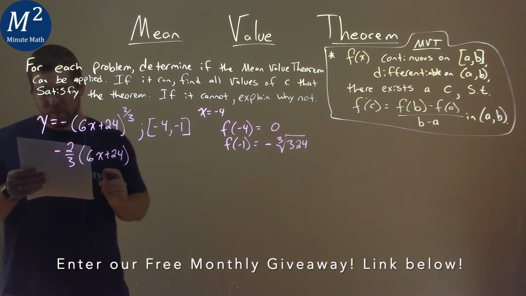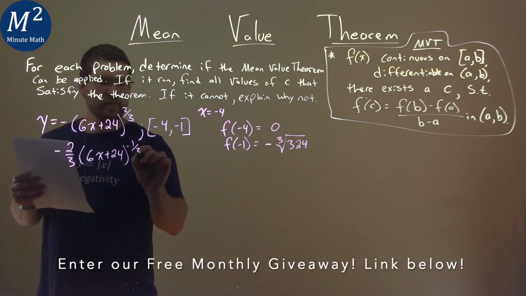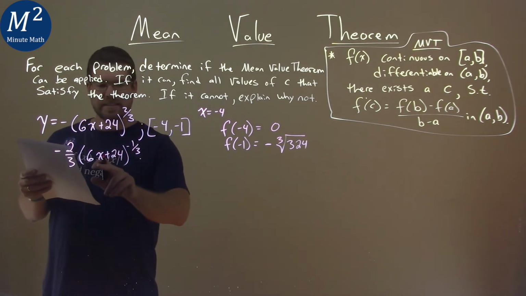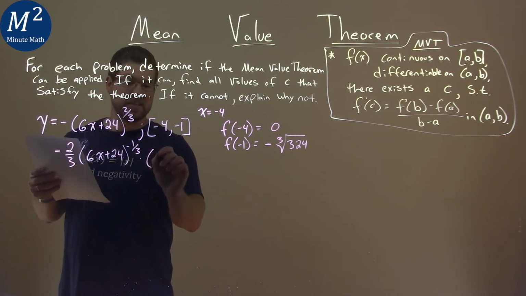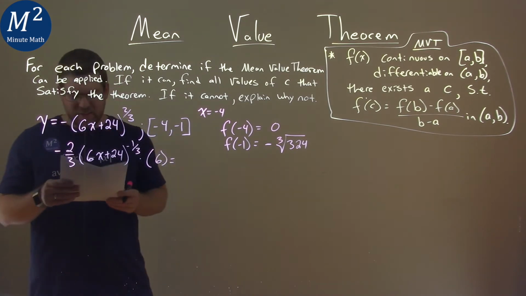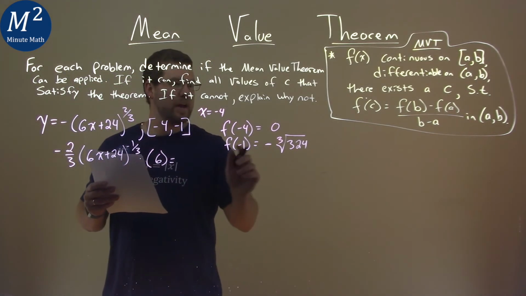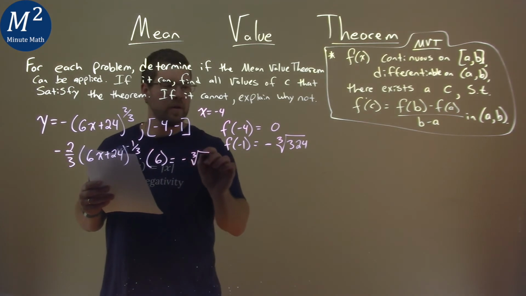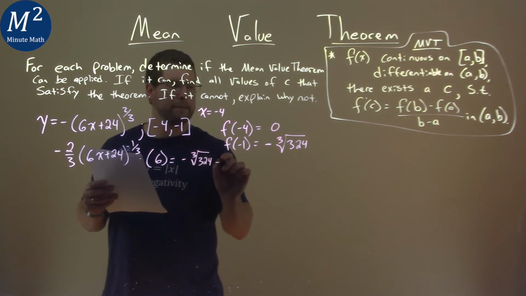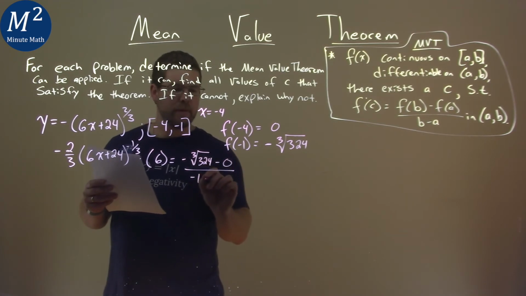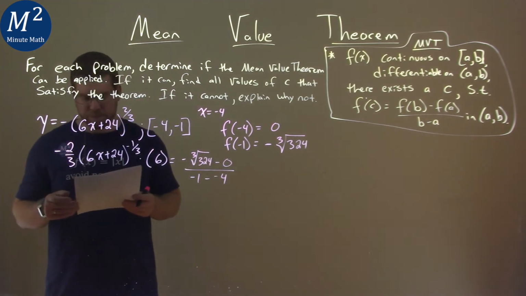Subtract the exponent by 1, and we have a negative 1/3 here. Multiply that by the derivative of the inside using the chain rule, and that's 6, just 6. That is equal to our f of b minus f of a, so negative third root of 324 minus 0, over b minus a, negative 1 minus negative 4.